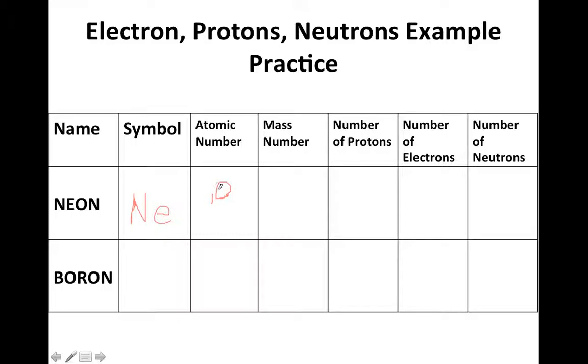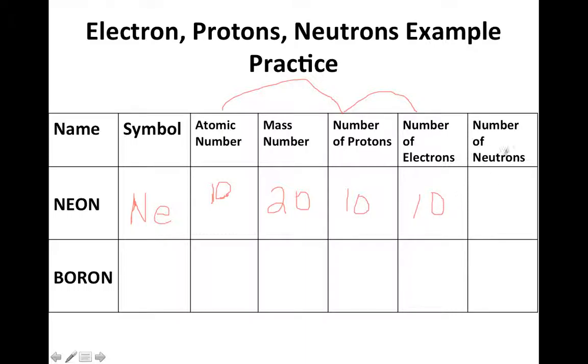Your mass number is the one on the bottom. I'm going to go ahead and round it, and when I round it, it rounds up to 20. And then your number of protons is your atomic number. So if you know your atomic number, you know the number of protons, and you know the number of electrons as well.